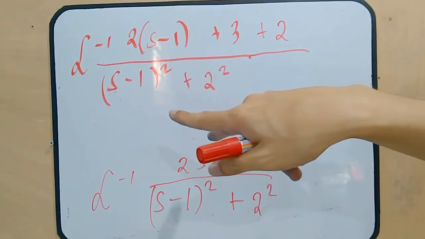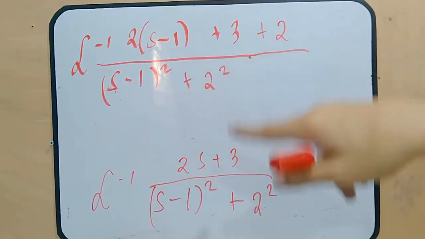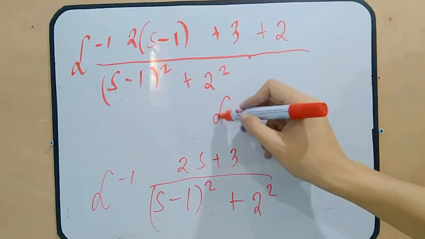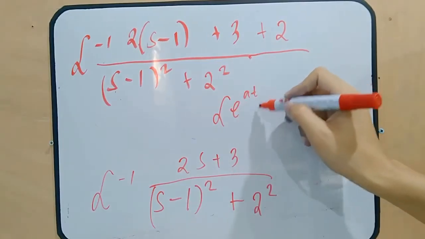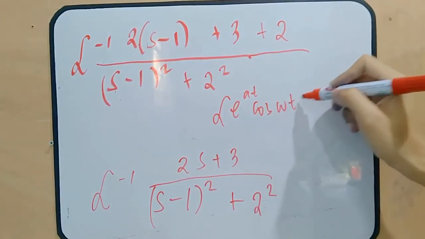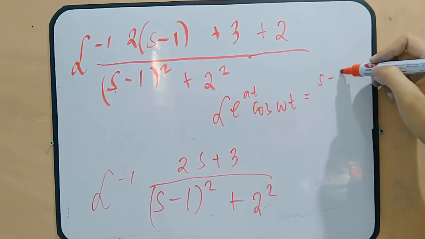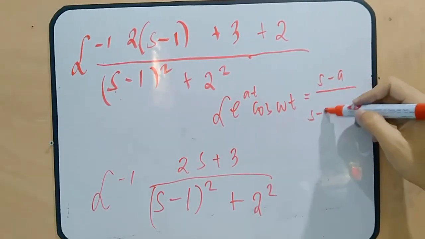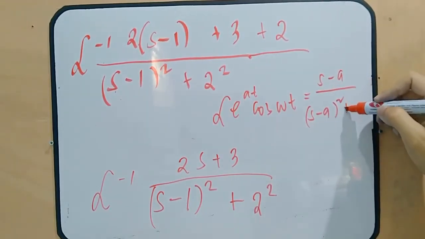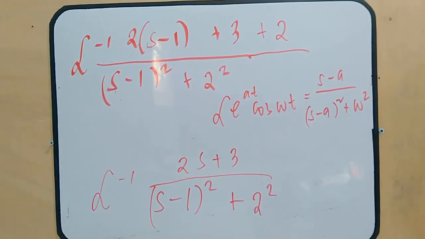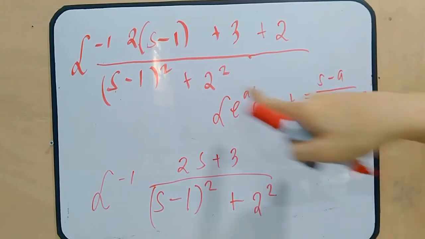Kung mapapansin natin yung formula for cosine, balikan natin. Yung Laplace transform of e raised to at cosine wt, that is equal to s minus a all over s minus a squared plus w squared. Now notice here na may 1 tayo here, so dapat doon sa taas meron ding 1.